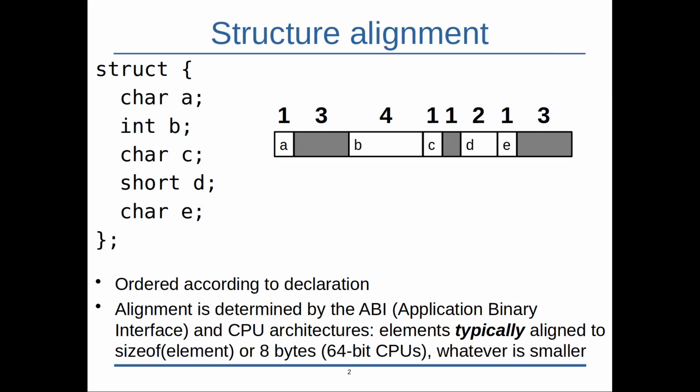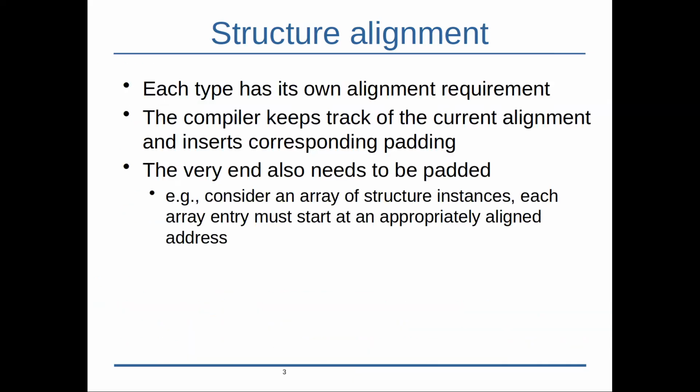It's just 1 byte aligned. So therefore, it has to insert 3 bytes of padding. So the structure also needs to be padded at the end. The rationale for this is mostly, let's say, consider an array, right? An array of structure instances.